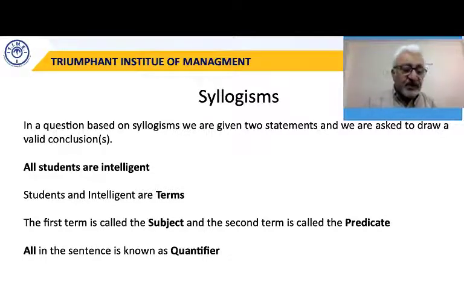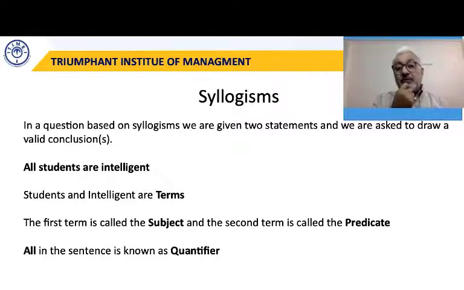All is said to be a quantifier, because when I say all students are intelligent, what is telling me the quantity of the subject? The word all. Therefore, the concept calls this word all to be a quantifier. The concept further says that there can only be two quantifiers in a statement under the concept of syllogisms. That means we can only consider two kinds of quantifiers in syllogisms.